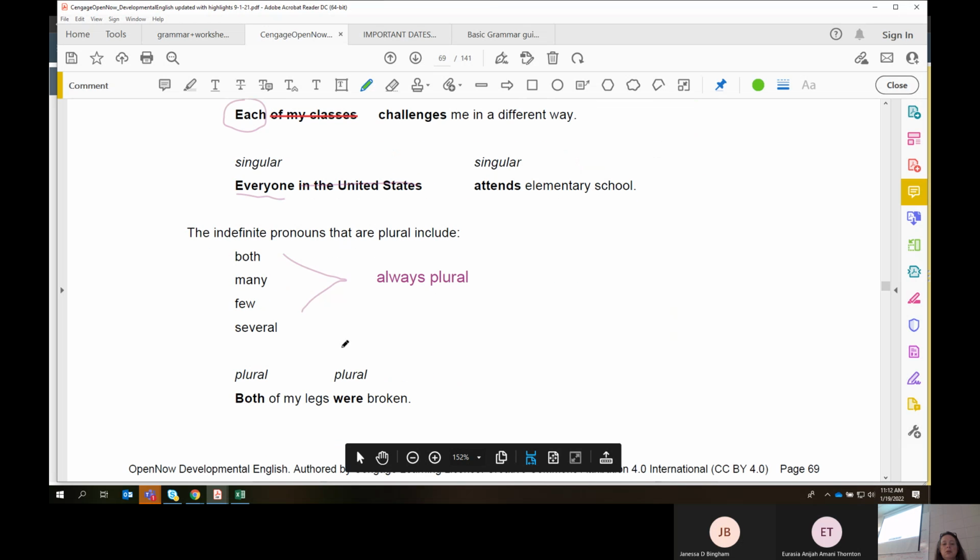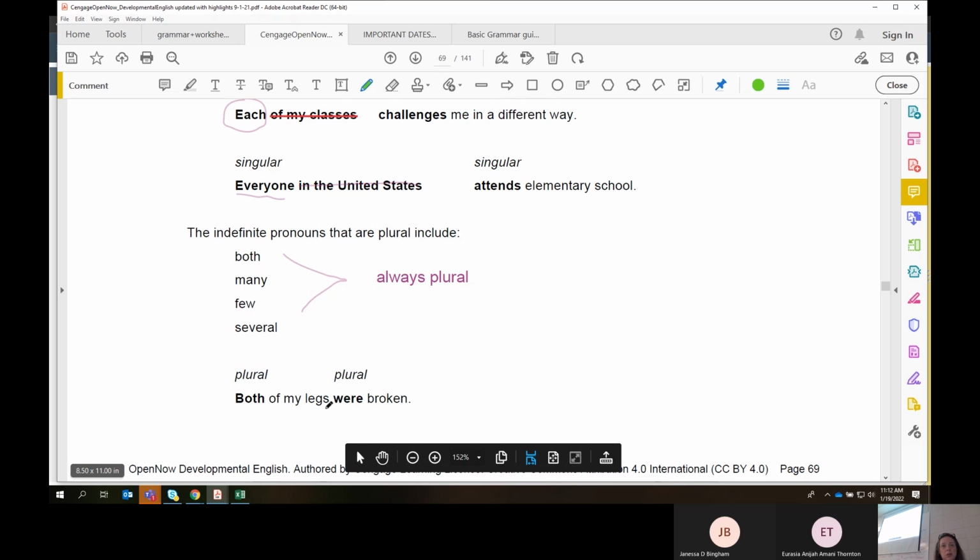All right. Write these down right here. These are always plural. Now I might say, I ate both pickles. Well, both in that sentence is an adjective. It's not being a subject. But I might say, both are mine. Now both is being a subject. See here, both is being the subject. Anthony's like, well, it's still describing, right? Well, yeah, it is. But I'm just telling you, it's sitting in the subject seat.